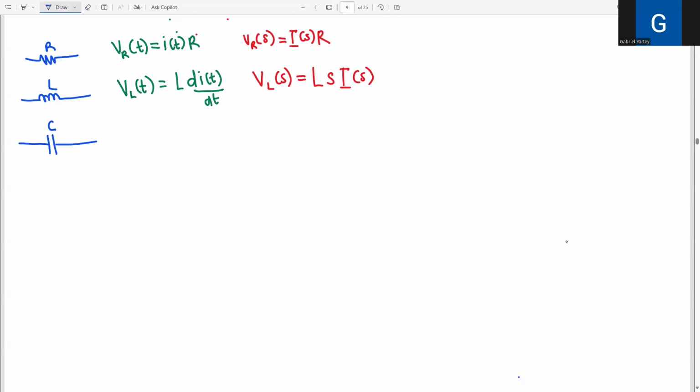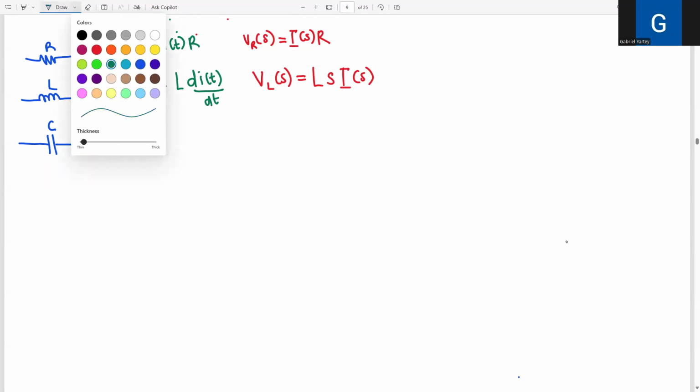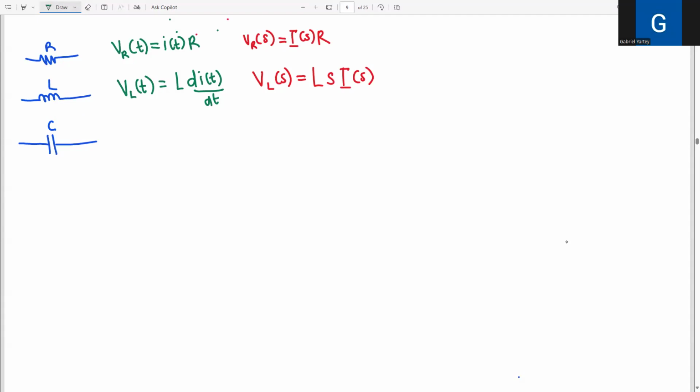Capacitor C, and I want to find the voltage function of it. But before I find the voltage function, we are all used to the fact that i of t is equal to C dV_C of t over dt, right?